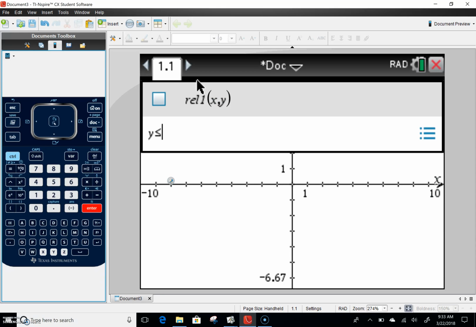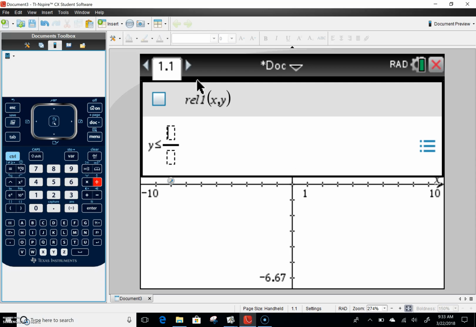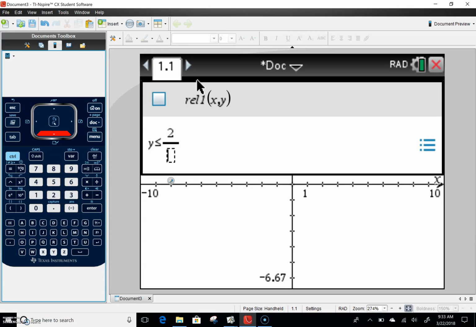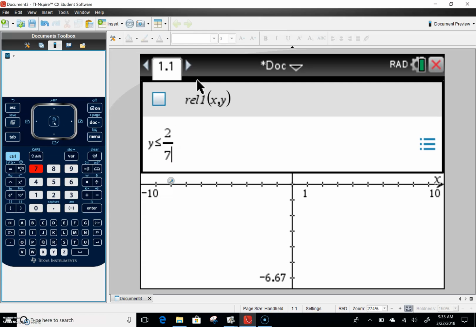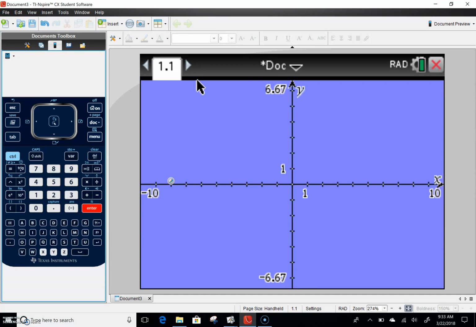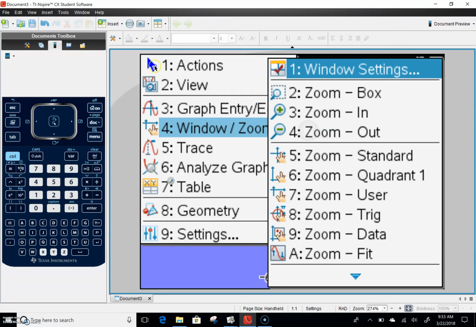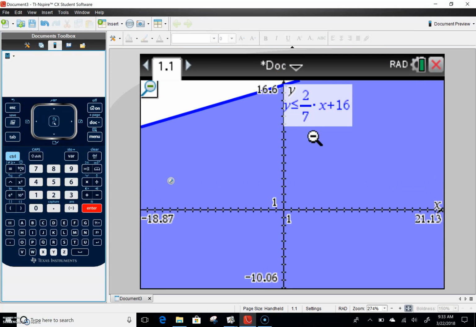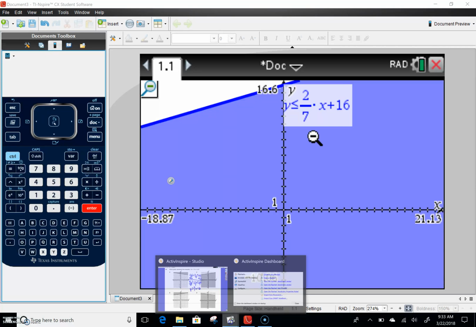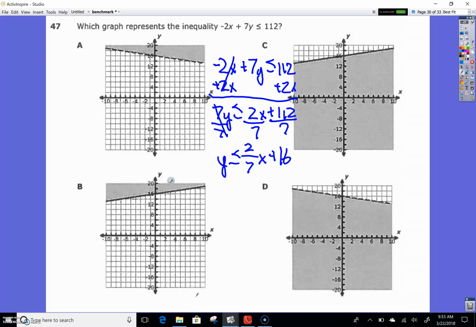So less than 2 over 7 x plus 16. You get this big blue screen, but remember, if you can't see everything, just zoom out and press enter. And as you can see, it looks like answer choice C.